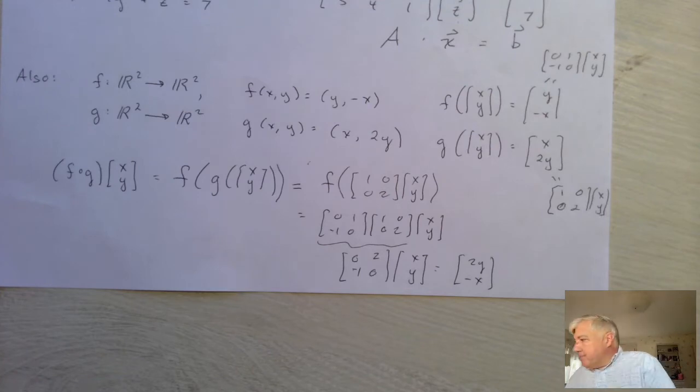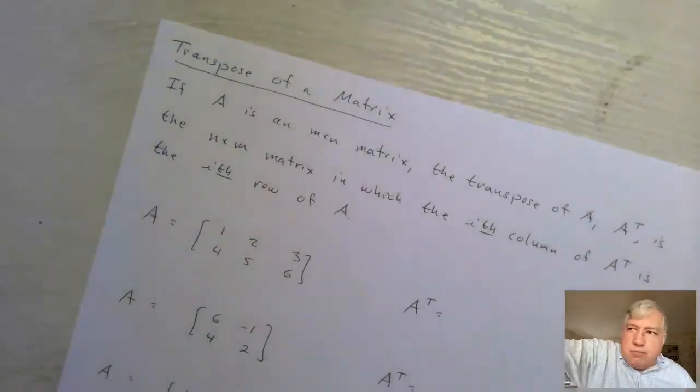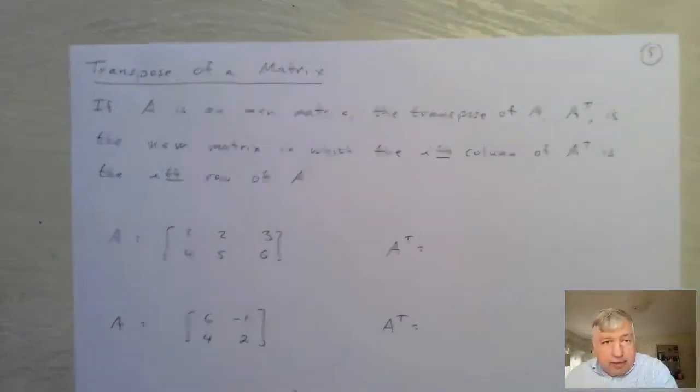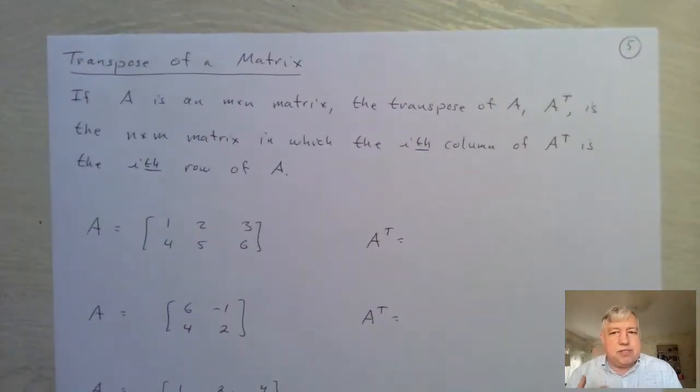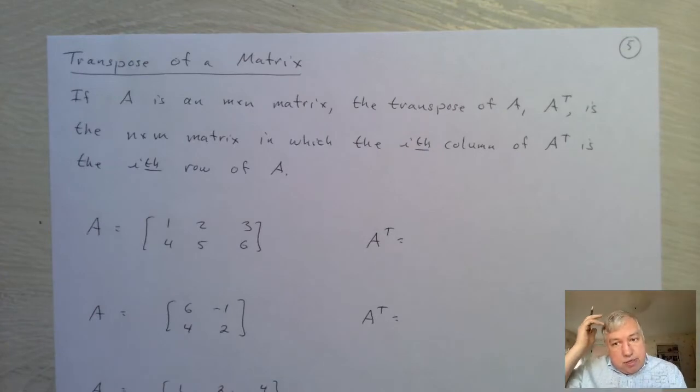Okay. Last thing, we'd like to talk about one more operation, and that's the transpose of a matrix. This is a very simple operation where we just take the rows and the columns and interchange them.